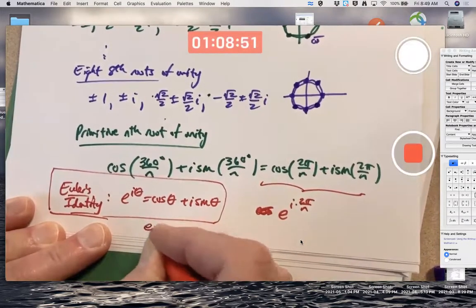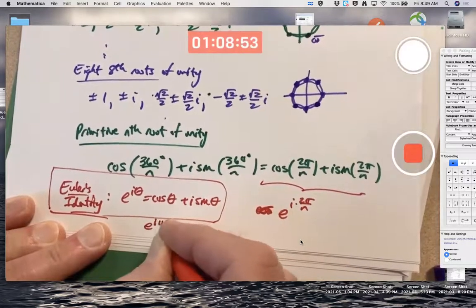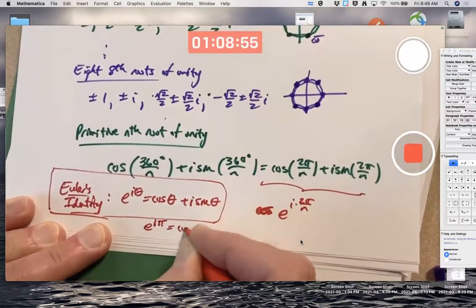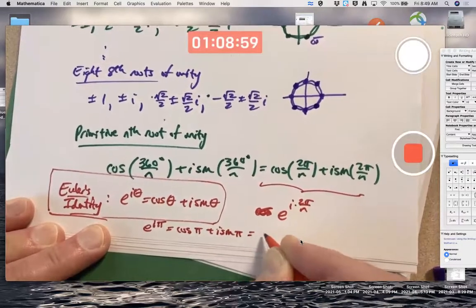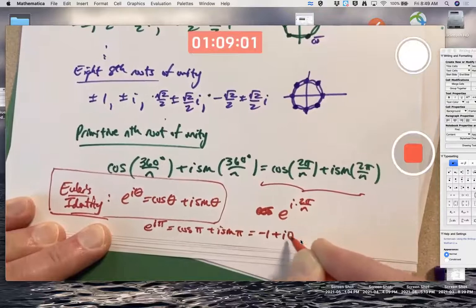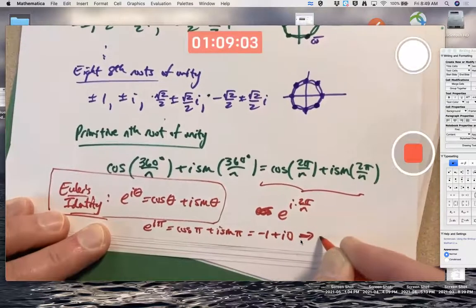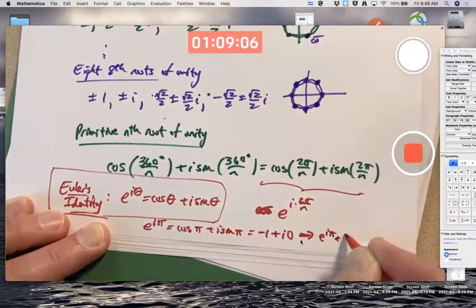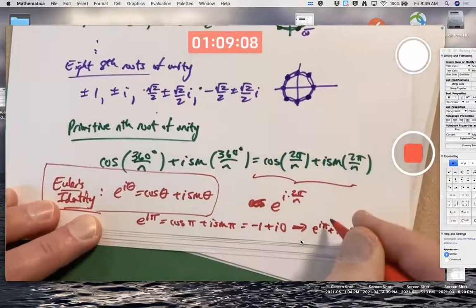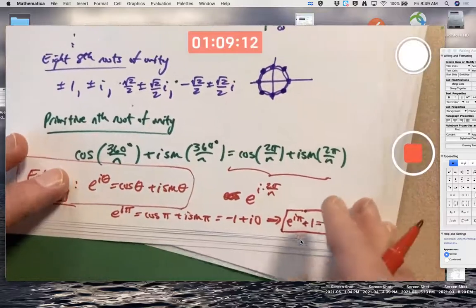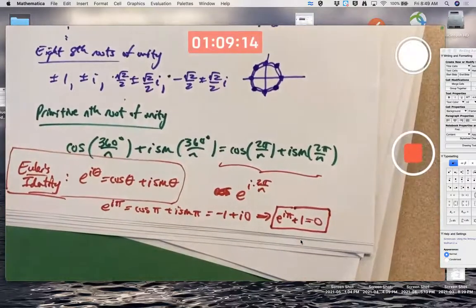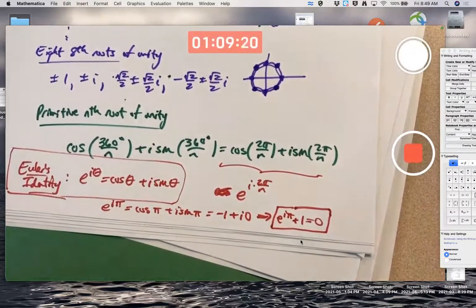But if you plug in theta equals pi, you get e to the i pi equals cos pi plus i sine pi. Cos pi is -1, sine pi is 0. So therefore, e to the i pi plus 1 equals 0. And that is the most beautiful equation in the universe. And aliens would agree. If you get abducted and they say they'll let you go if you tell them the most beautiful equation in the universe, well, there it is right there.